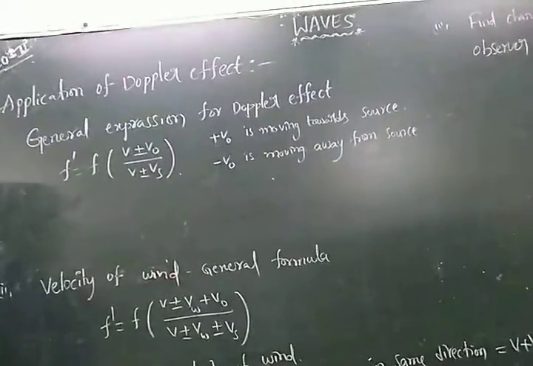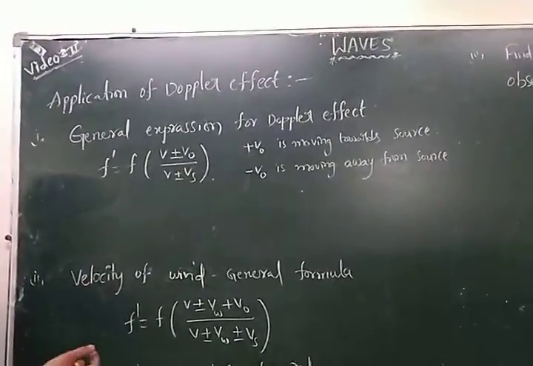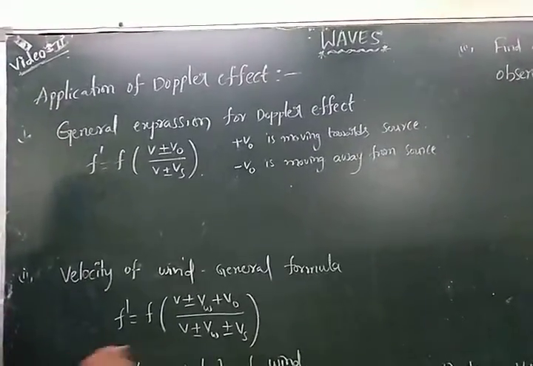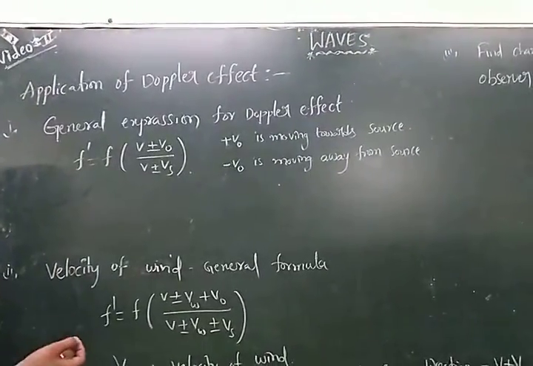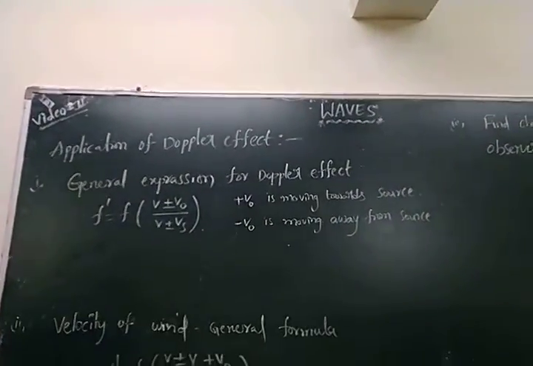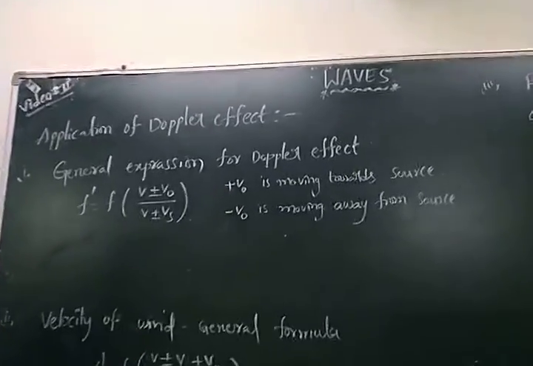Why are we taking this formula? Because there are a number of conditions: the observer is at rest and the source is moving, or the source is at rest and the observer is moving. That is two conditions, again towards the source and away from the source.